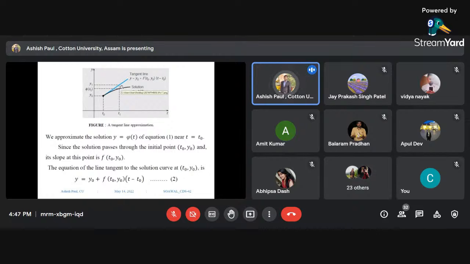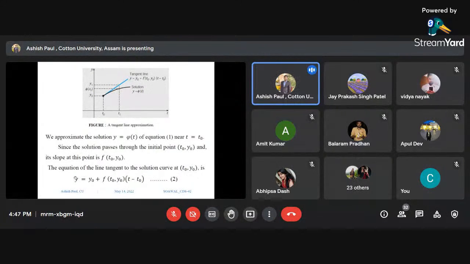But in the next stage, in order to find the value of y2, we will have a similar error. I'm repeating, in the process of finding the value of y2, we will have a similar error. In addition to that, while finding the value of y2, we have taken a particular value of y1. This is the exact value of y1, but the value we have taken is this one. So there are two types of error.